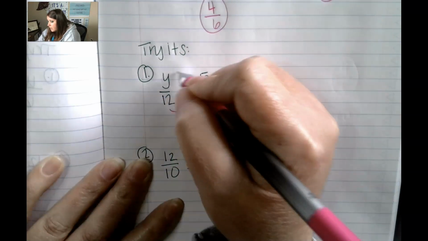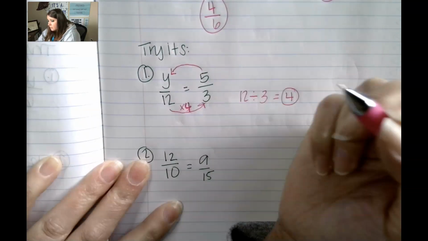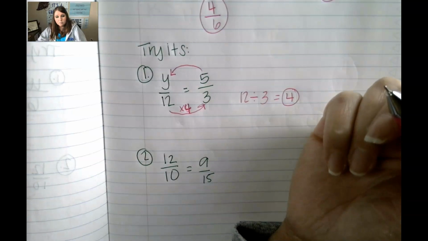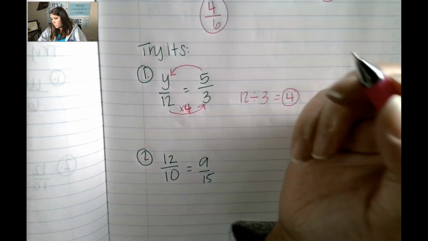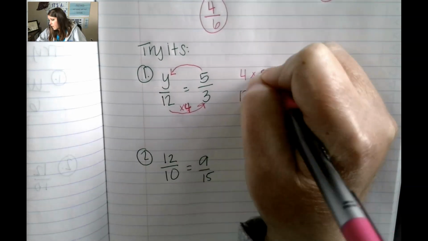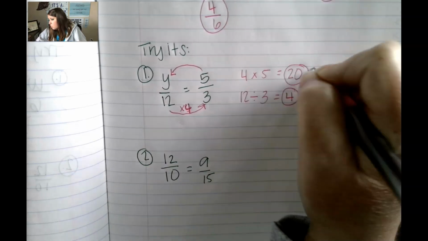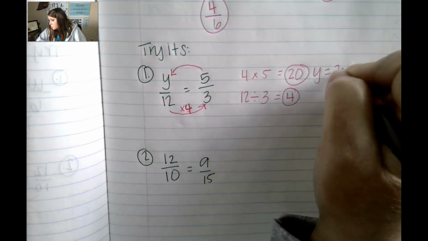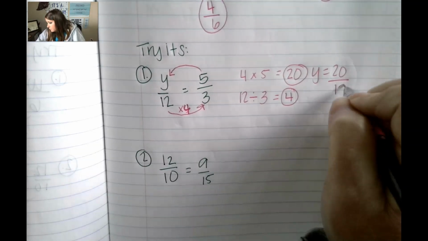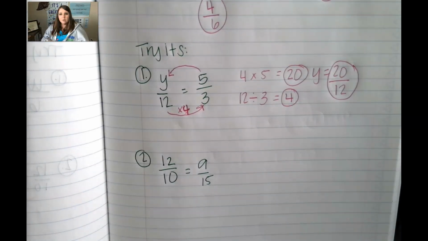Something divided by 4 is going to give me 5, or I can work backwards and use my 4 there. So I'm just going to say 4 times 5 equals 20. So y equals 20, and my ratio here is 20 over 12.